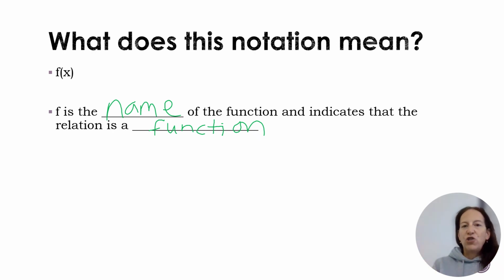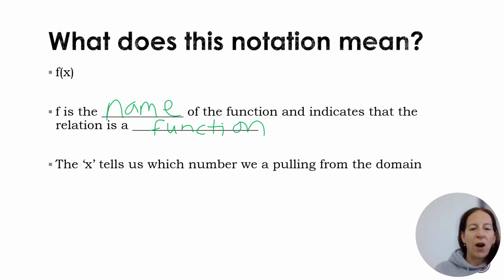But then we might use g, h, those come next in the alphabet. I had a graduate professor who named his functions Bubba. You can name them after yourself, your cat, your dog, your mom. Sometimes I name them after students in class. But the f part is the name, and it indicates, yes, this particular relation is a function. It meets that definition.